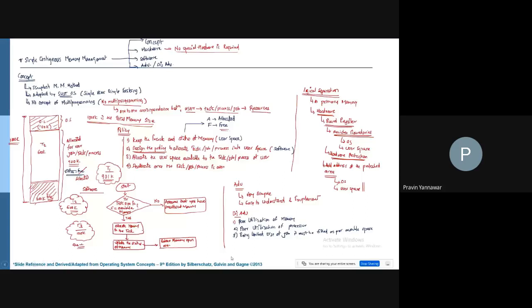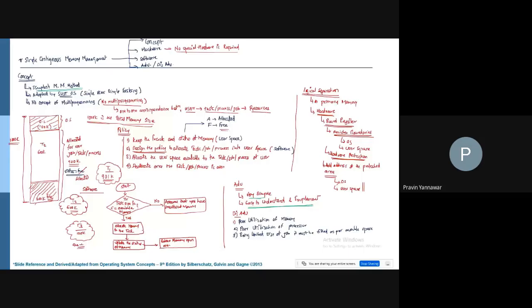So as far as single contiguous memory management is concerned, we have this particular thing. As a conceptual part, we have to understand that this is the simplest method for memory management, because it is very simple and easy to understand as well as easy to implement.